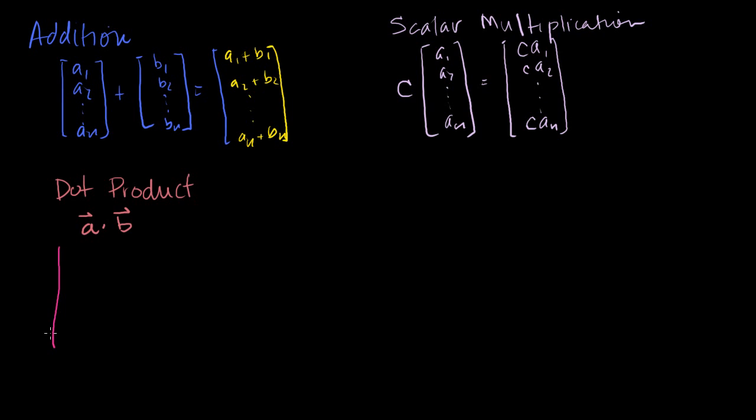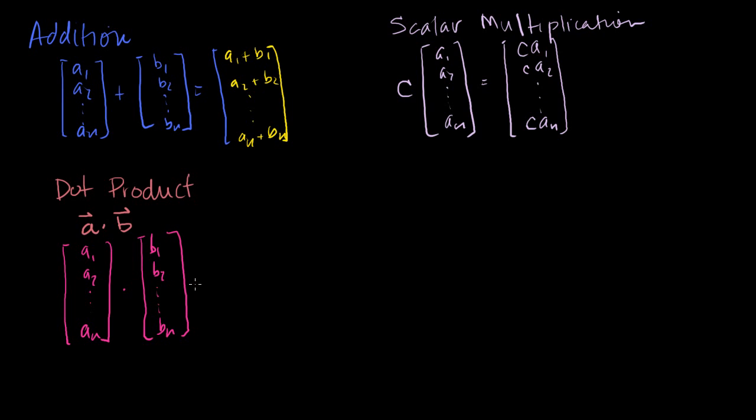So this is a1, a2, all the way down to an, that vector dotted with my b vector, b1, b2, all the way down to bn, is going to be equal to the product of each of their corresponding components added together: a1 b1 plus a2 b2 plus a3 b3, plus all the way to an bn.